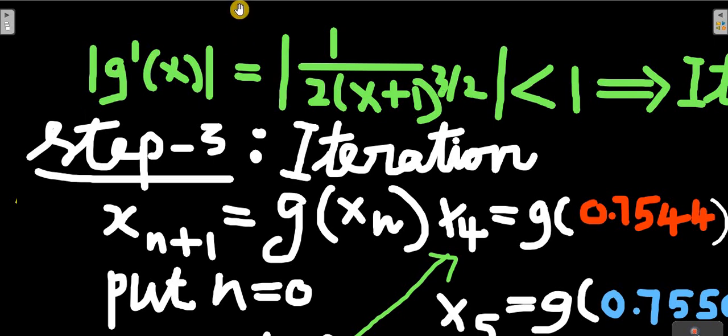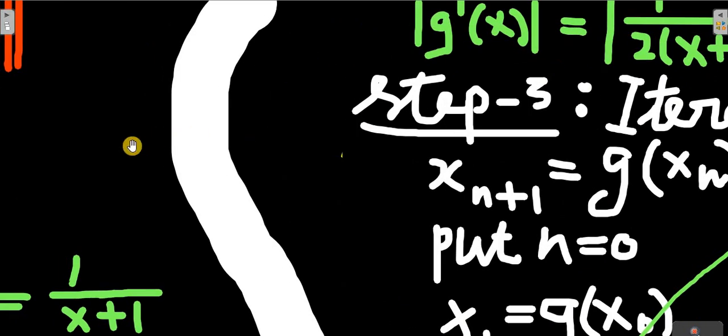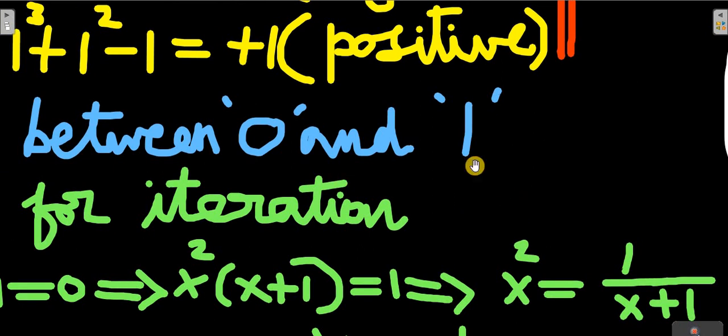Take absolute value both sides. Definitely this value will be less than 1, for which values this absolute value is less than 1. Look at that, for this between 0 and 1.